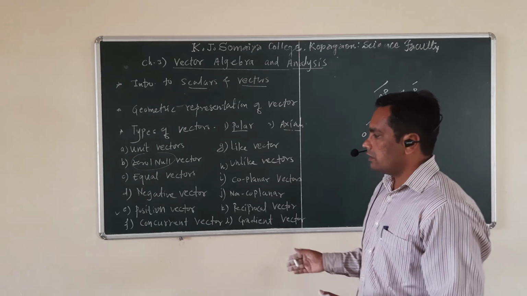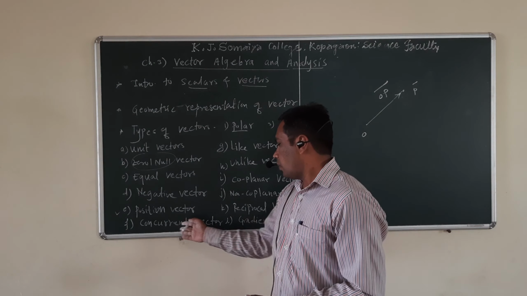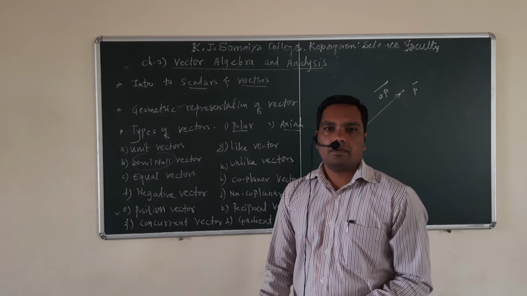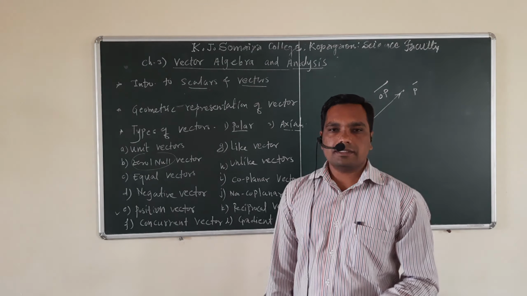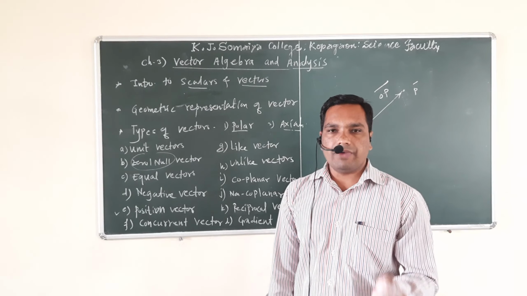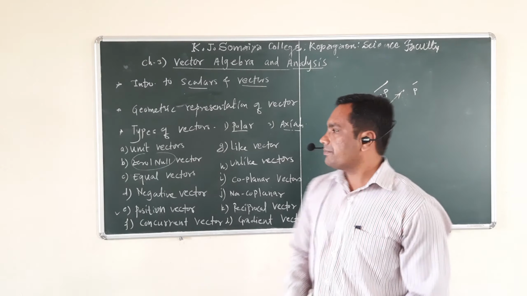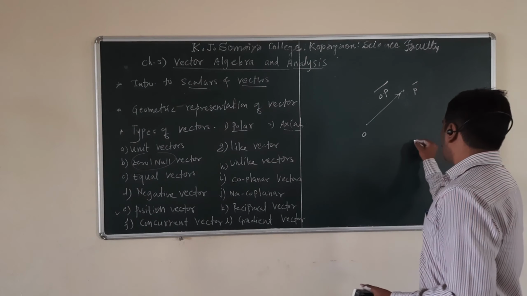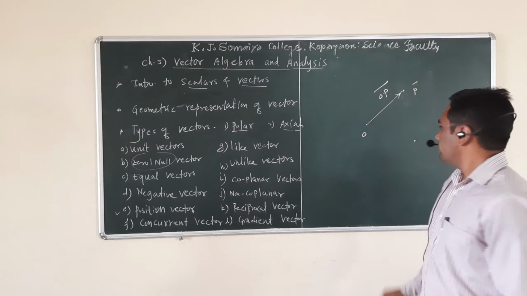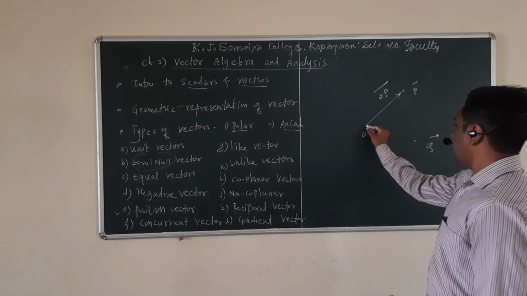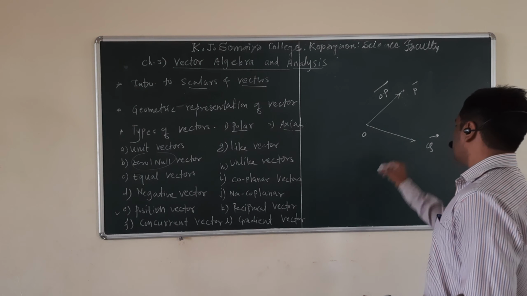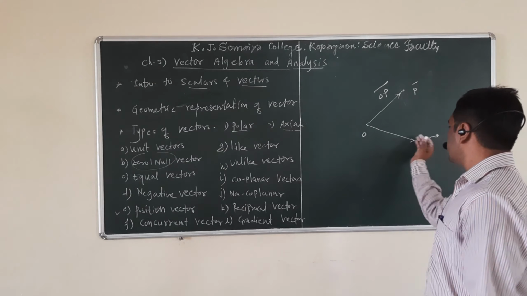Then next, concurrent vector. Two or more vectors are said to be concurrent when they have the same origin. Suppose another object is over here, which is Q, and I show the position of that object like this.